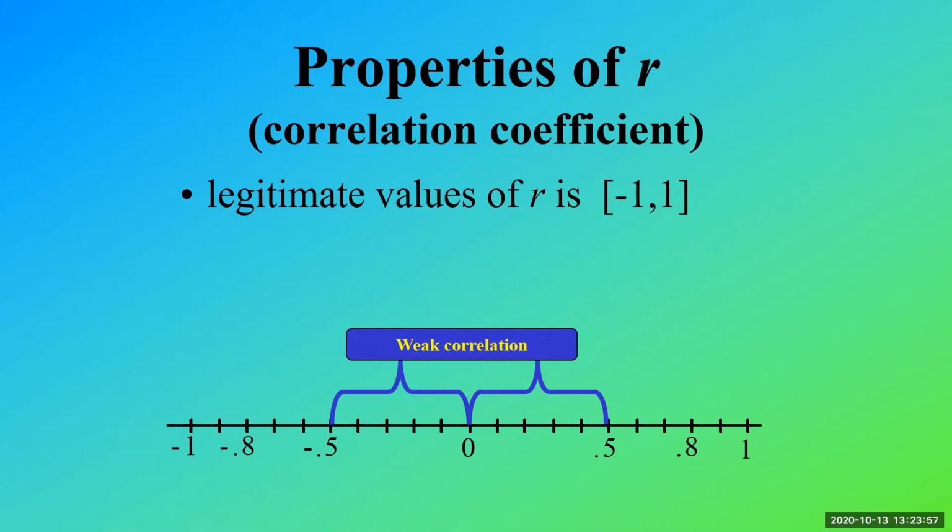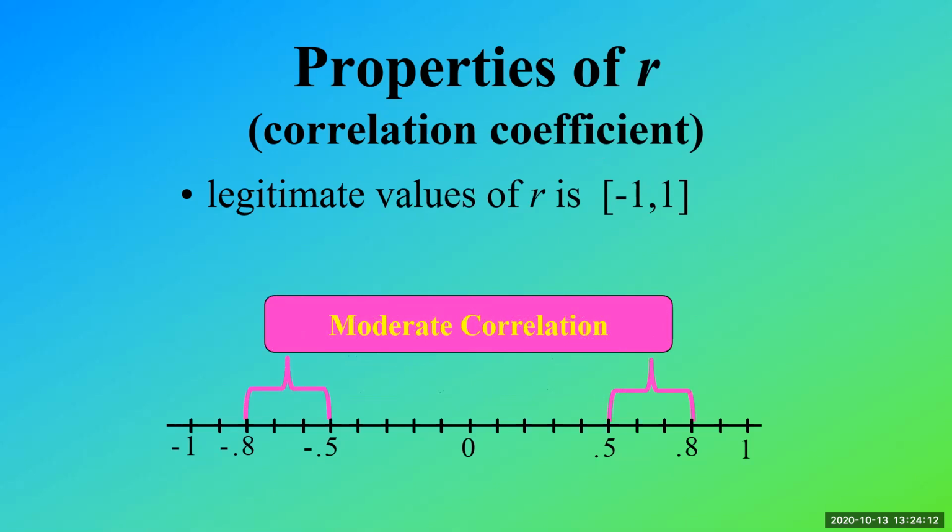We can describe an R value as weak if it's between 0 to 0.5, a weak positive, and 0 to -0.5 would be a weak negative. We can describe a moderate positive as 0.5 to 0.8, and a moderate negative as -0.5 to -0.8.